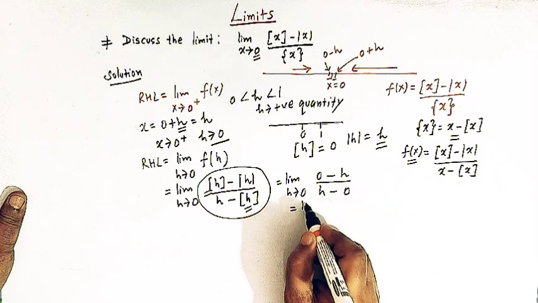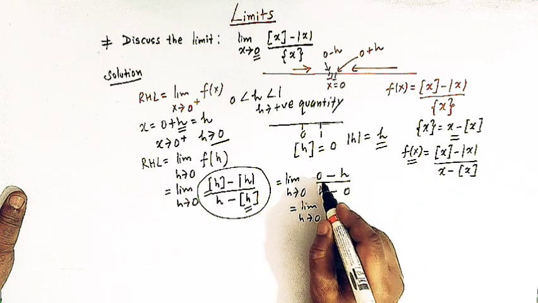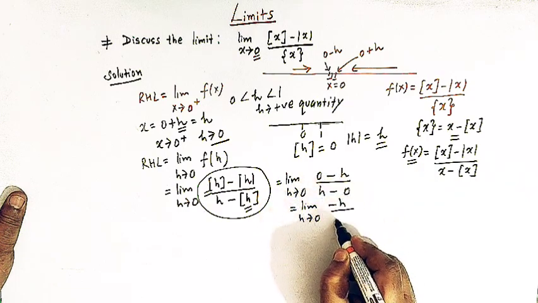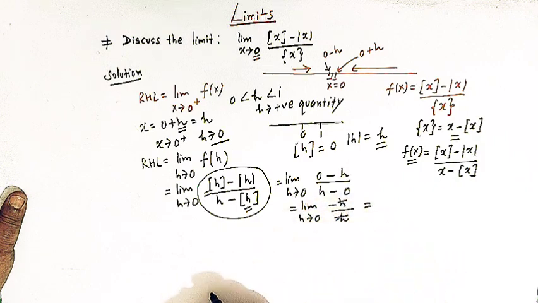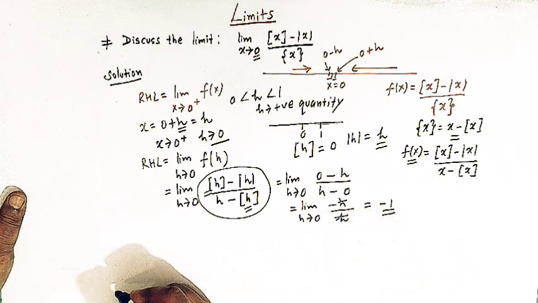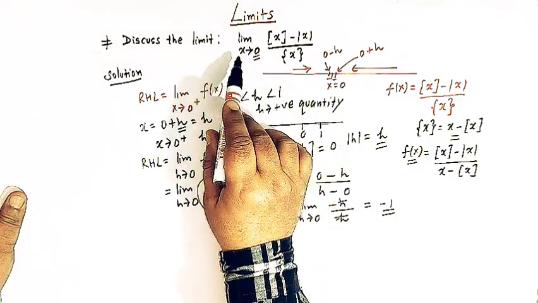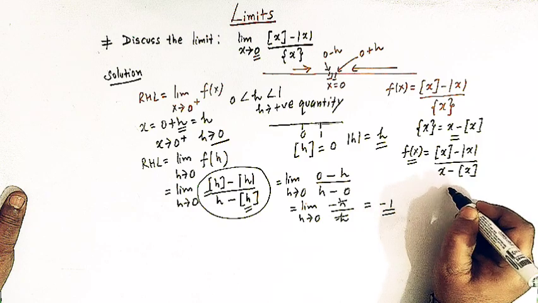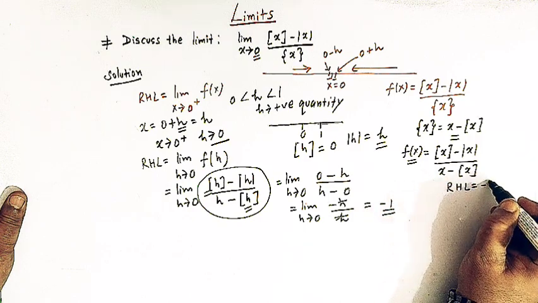Now simplifying it, we have limit h tends to 0, this is 0 minus h, that is minus h, and this is h minus 0, that is h, and this h gets cancelled. So we have simply minus 1, right? So the right hand limit of this function when x approaches 0 is given by minus 1. So the right hand limit is minus 1.